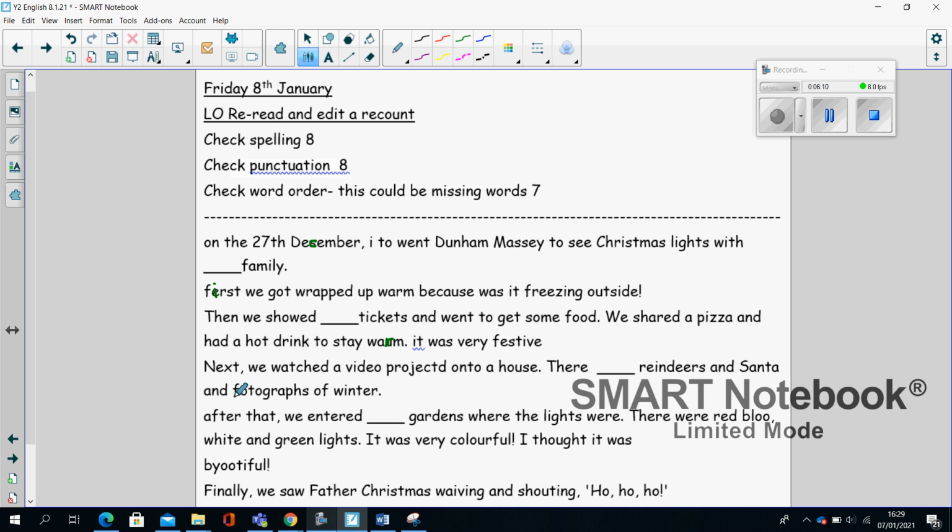Now this looks like it spells photographs, but it's actually PH. Blue has got the wrong spelling for oo, so it's UE instead of OO. Beautiful, this has been spelt how it sounds. It's actually EAU.